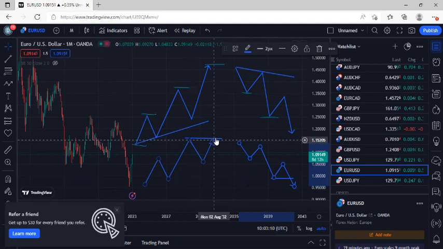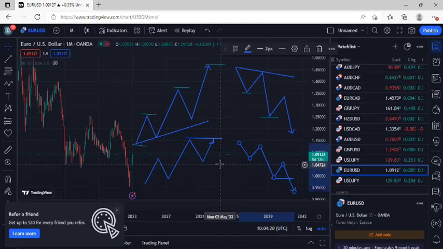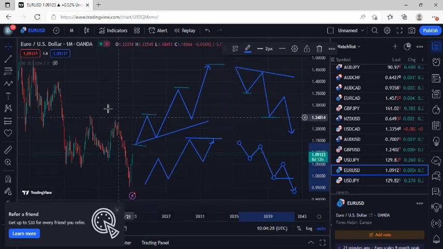But when it's able to break this previous high we have here, that means there is a trend continuation. So that is how you use market structure to determine the direction of the market, the trend continuation and trend reversal in the market.